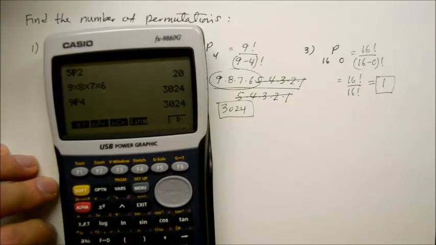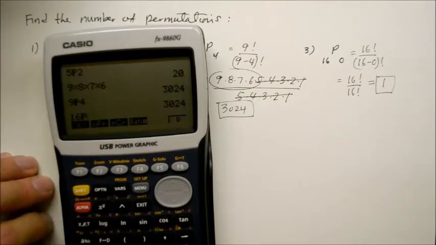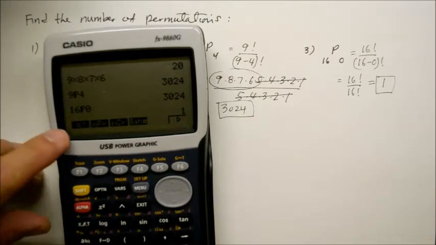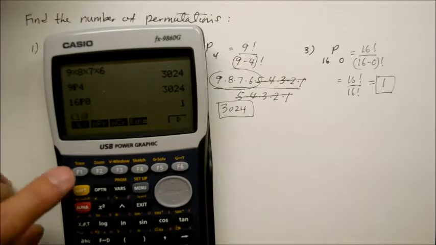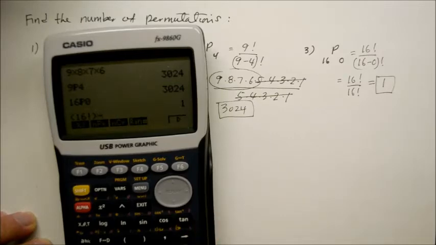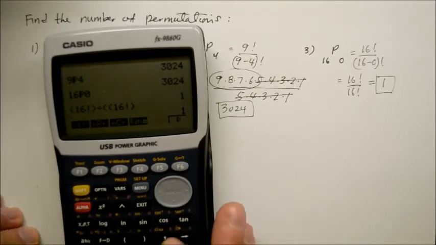So we say 16 permutation choose 0, which is 1. We could even use the factorial key: in parentheses, 16 factorial, close parentheses, divide that by 16 factorial. Would that give me 1, hopefully? Ta-da!